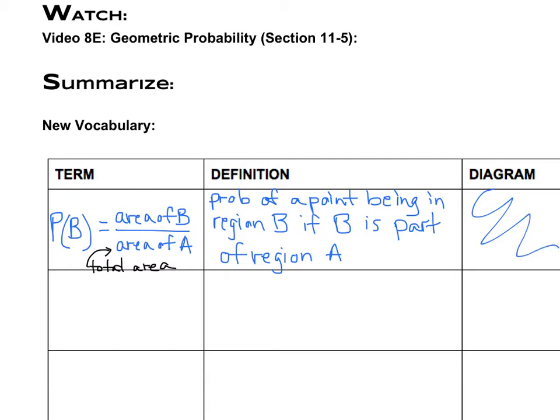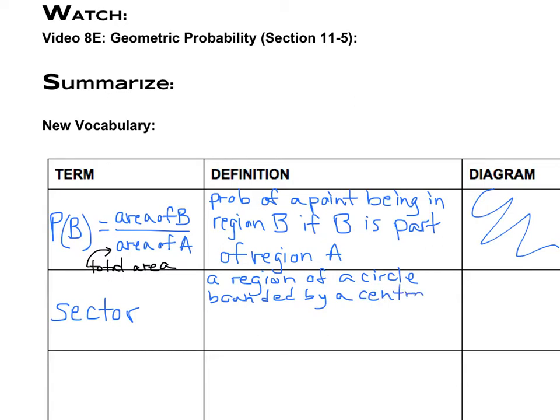The next definition that we need is a sector. And a sector is a region of a circle that is bounded by a central angle.